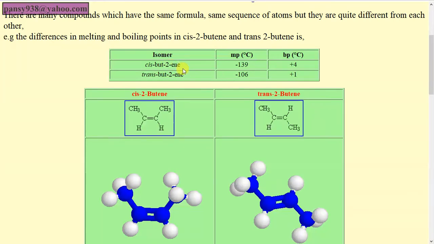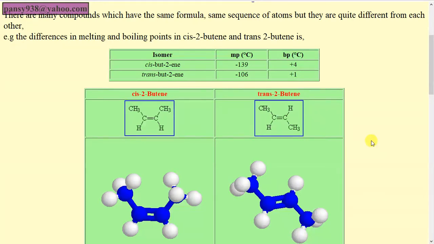Cis-2-butene has a melting point of minus 139 degrees Celsius, while the trans isomer has a melting point of minus 106 degrees Celsius. The boiling point of both isomers is also different: cis-2-butene shows a boiling point of 4 degrees Celsius, while trans-2-butene shows 1 degree Celsius.